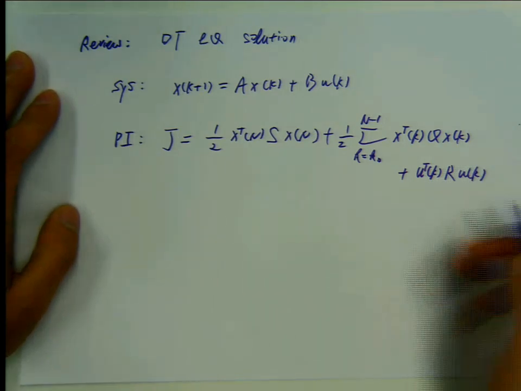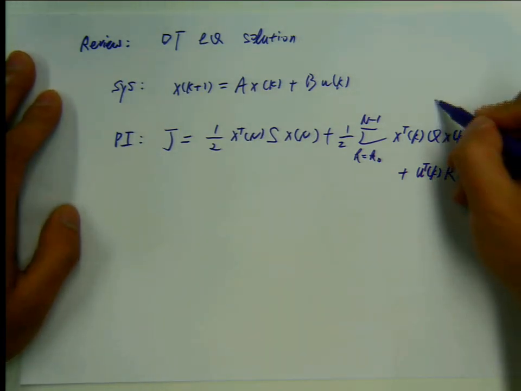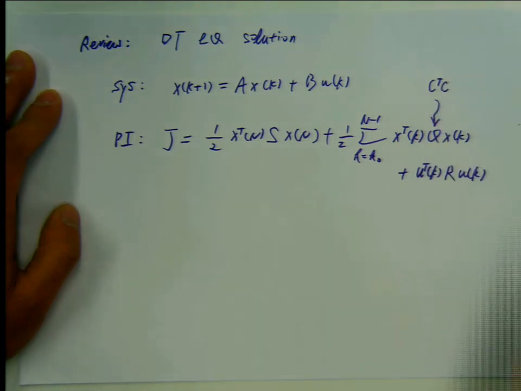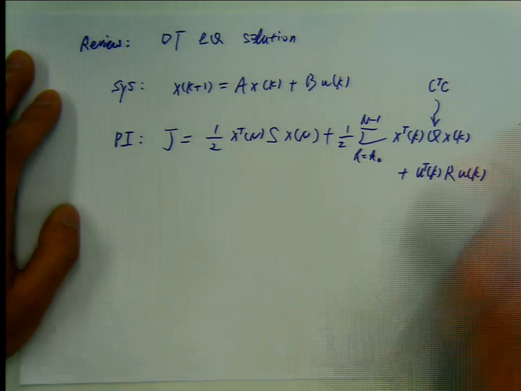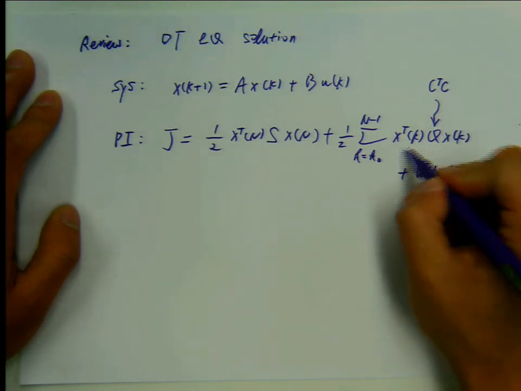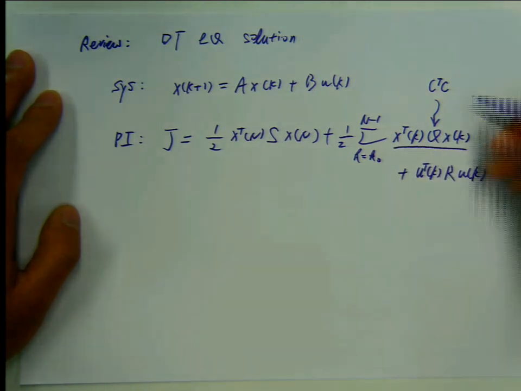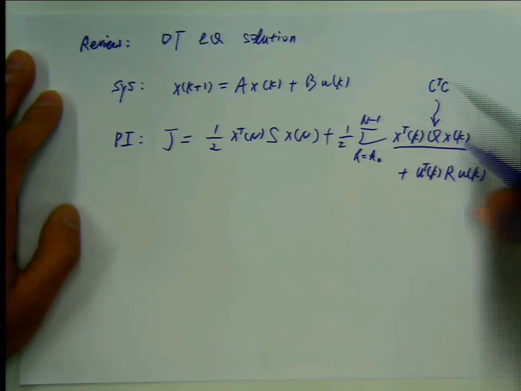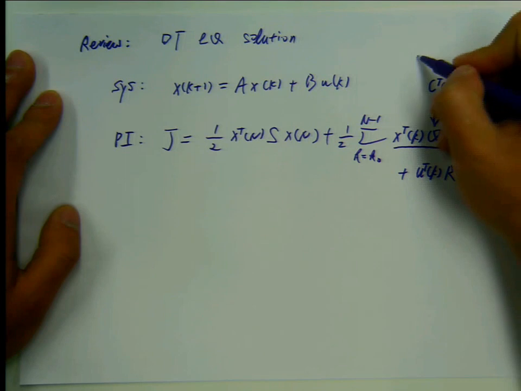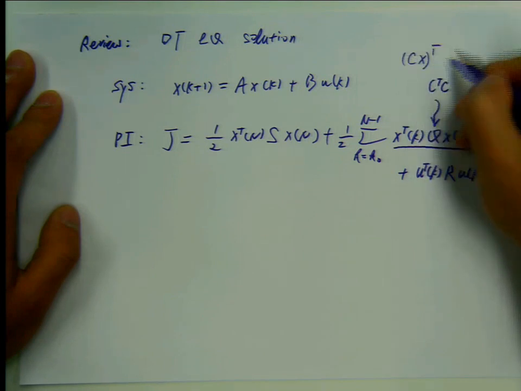From time to time, we often write this Q as C transpose C. This is just for convenience, because if we write it this way, think about this product term: X transpose C transpose times C X, which is equivalent to (CX) transpose (CX).